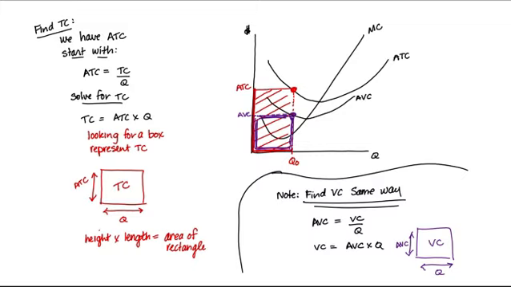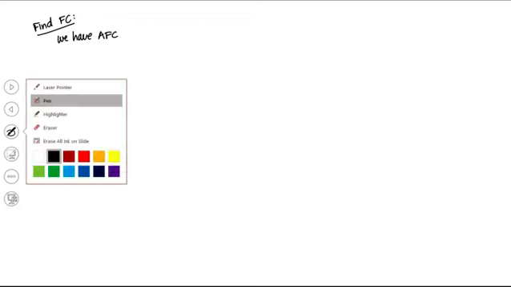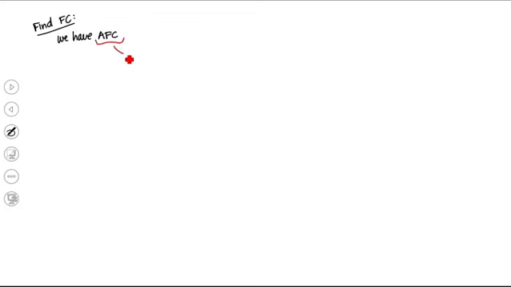So let's do the last one really quick, because this one throws people off a little bit. We need to find fixed cost. Same thing, remember, we have average fixed cost. Where is average fixed cost on the graph? Where is it again?